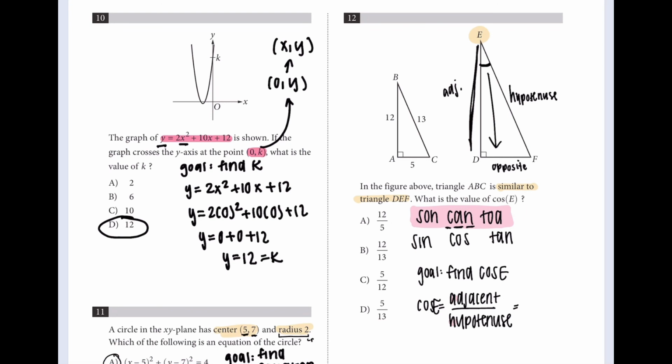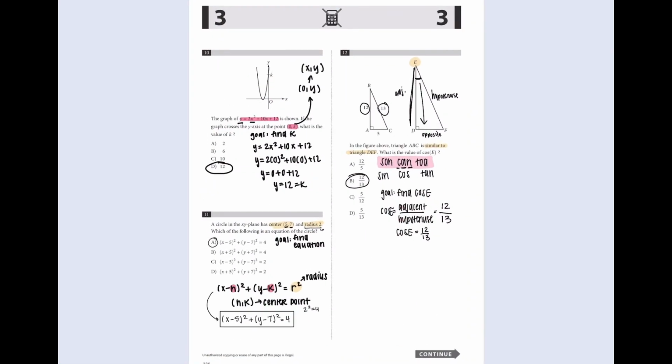So adjacent, since we don't have a value here, we're going to be using this value. So it's going to be 12 divided by hypotenuse. We don't have a value for our hypotenuse on the triangle, but we do have one here on the similar triangle. So that is 13. And so cosine of E is 12 over 13. Answer choice B. So that is how you would answer that question.